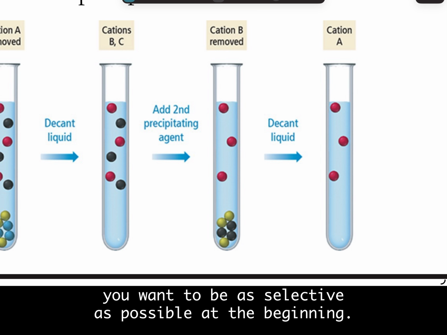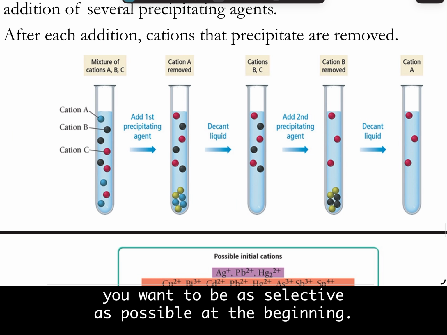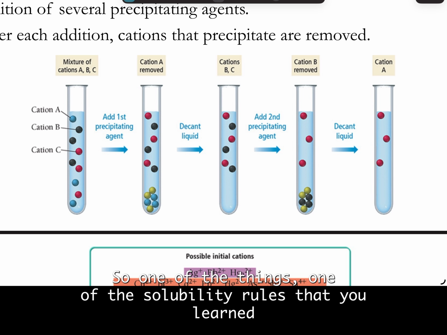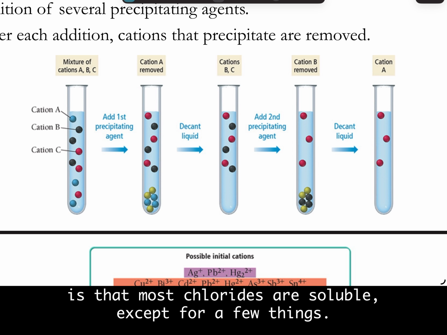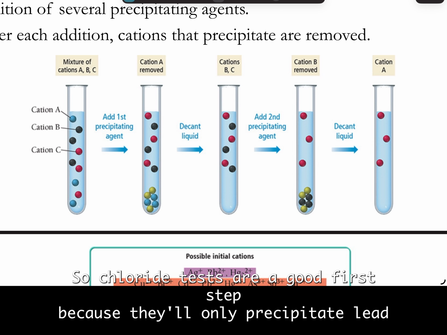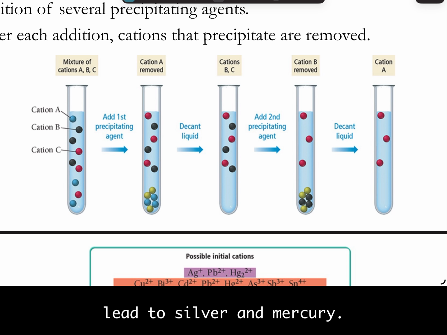And in general, you want to be as selective as possible at the beginning. One of the solubility rules that you learn is that most chlorides are soluble except for a few things. So chloride tests are a good first step because they'll only precipitate lead(II), silver, and mercury.